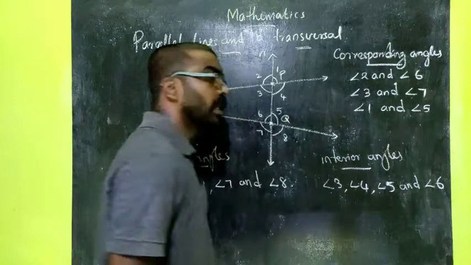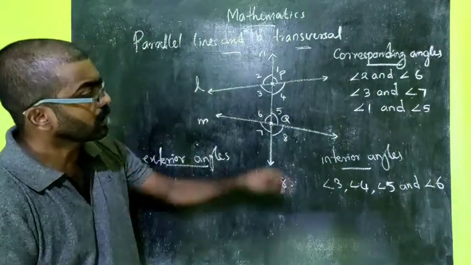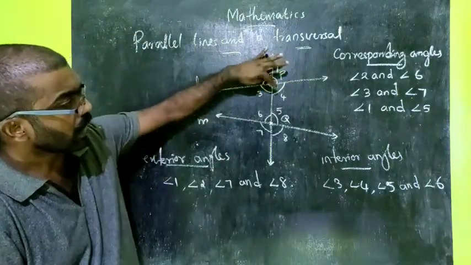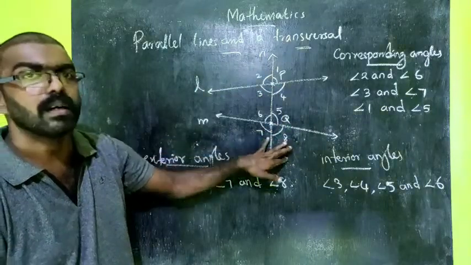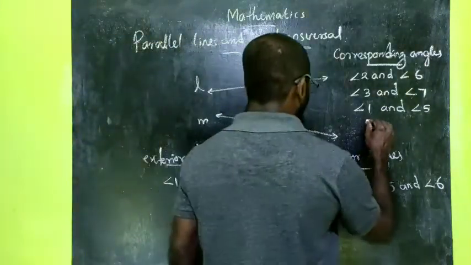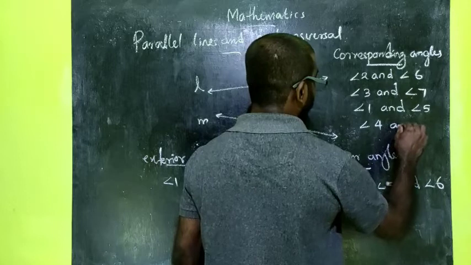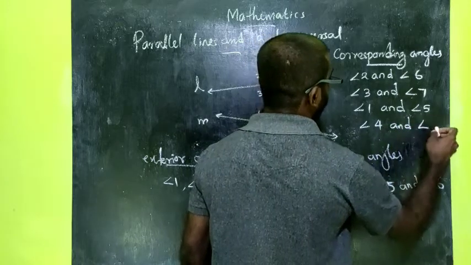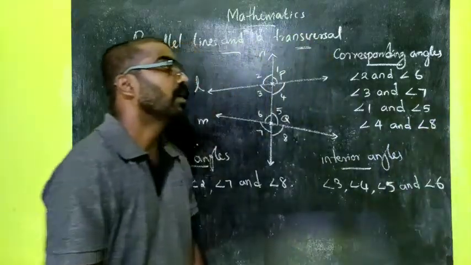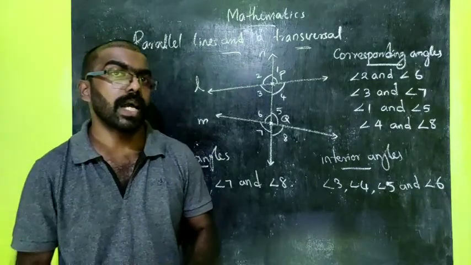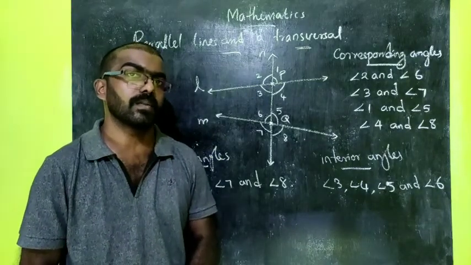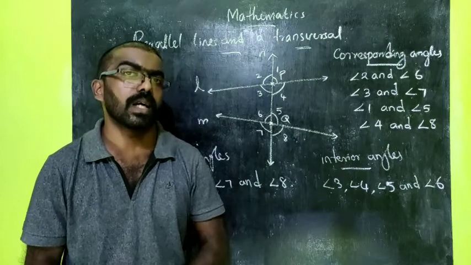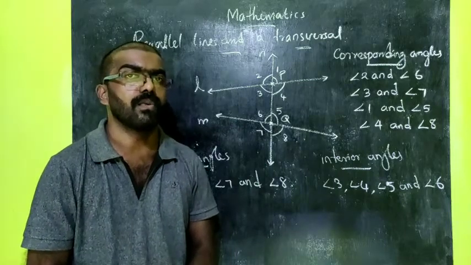Similarly, we can make another pair of corresponding angles to the bottom of these lines, angle 4 and angle 8. Okay, so what can we conclude? When two lines are intersected by a transversal, 4 pairs of corresponding angles are formed.